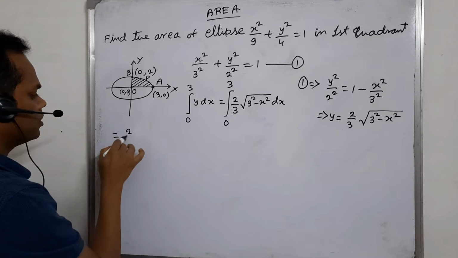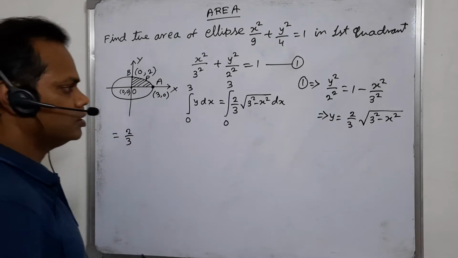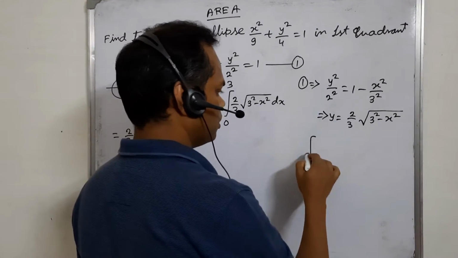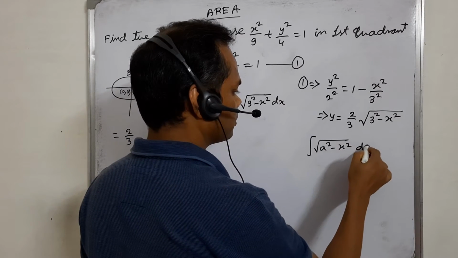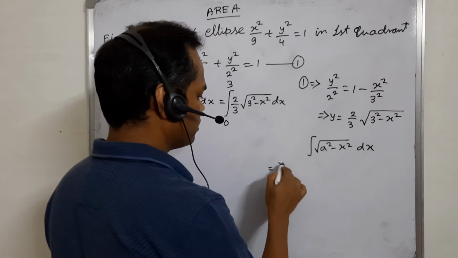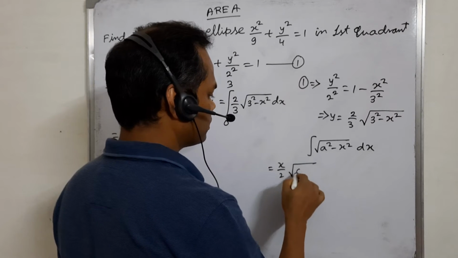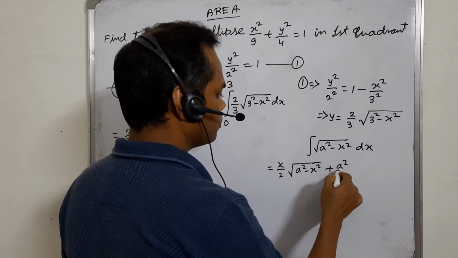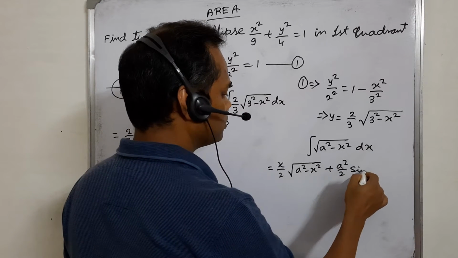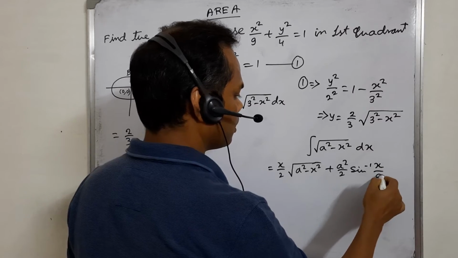So for the integration of this one, we have to use the formula: the integral of root over a square minus x square dx is equal to x by 2 root over a square minus x square plus a square by 2 sine inverse x by a.